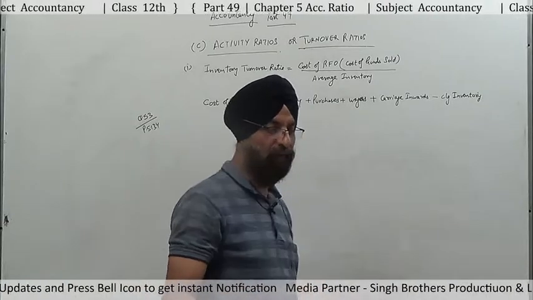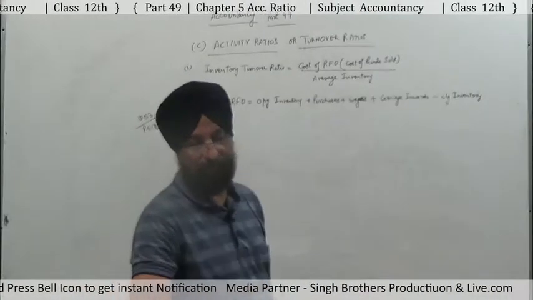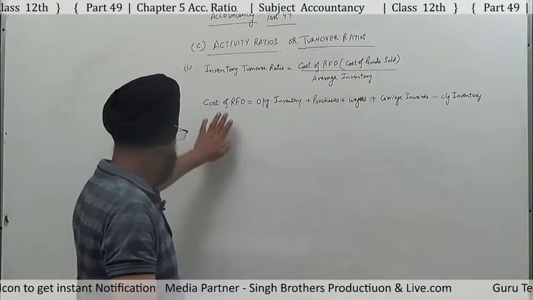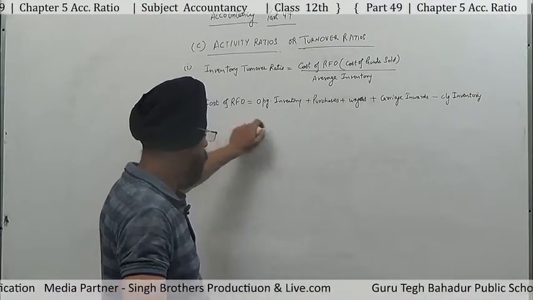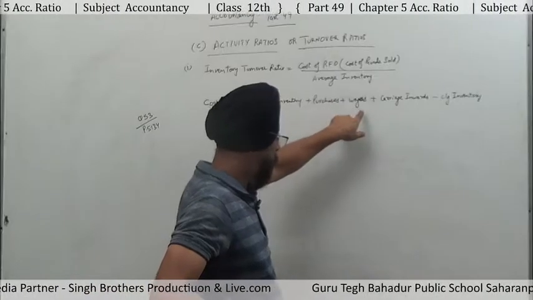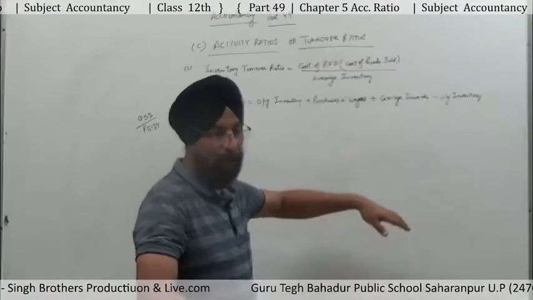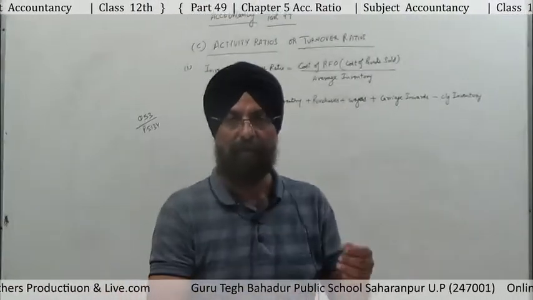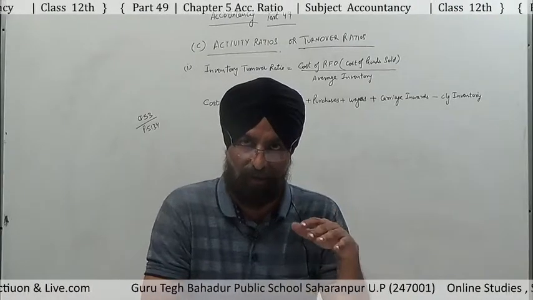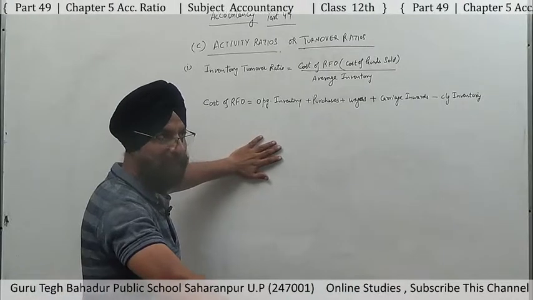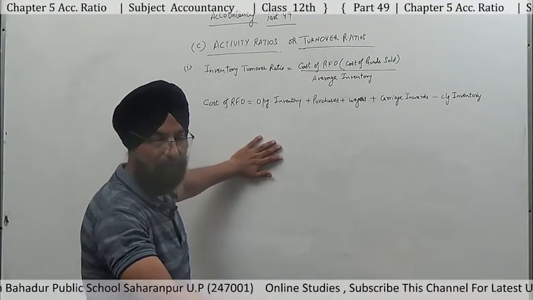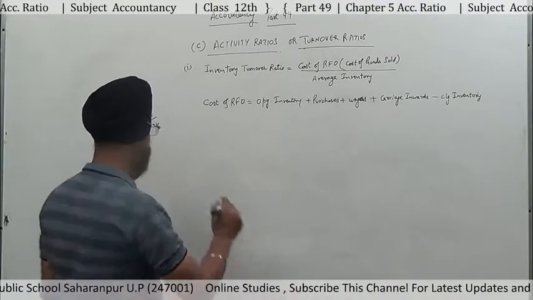Students, how do we find cost of revenue from operation? This is the formula for finding it, but if purchases or direct expenses are not given, then how can we find cost of revenue from operation? On the other side, revenue from operations, that is sales, is given, and profit on cost is given.